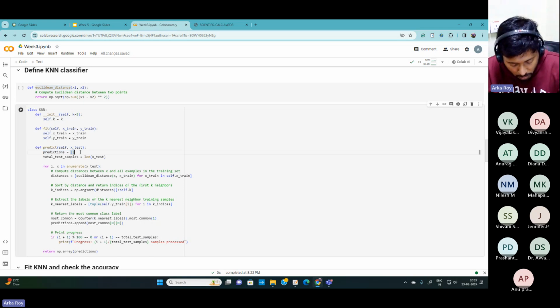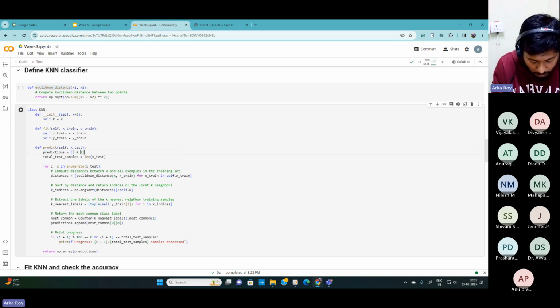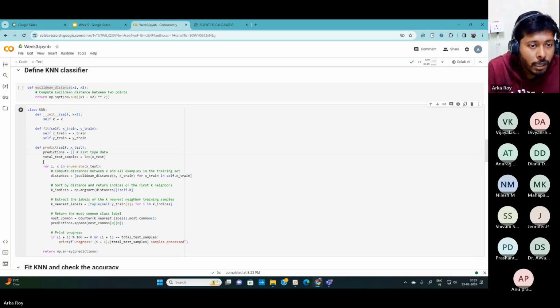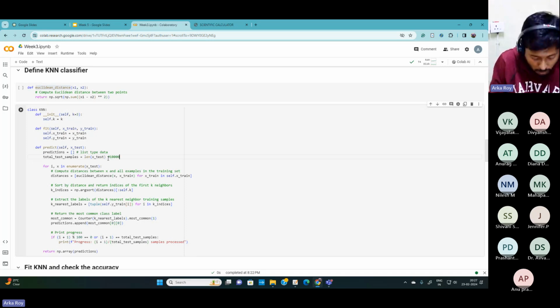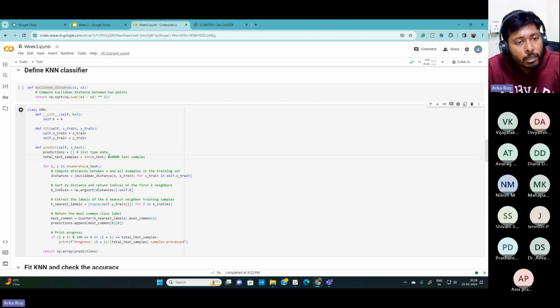So let me just give a comment: list type data. The total number of samples in the test set will be length of x test, which means this will be 10,000 actually. For each of the test samples, you will do the prediction, and whatever prediction comes out will be stored in the prediction list.